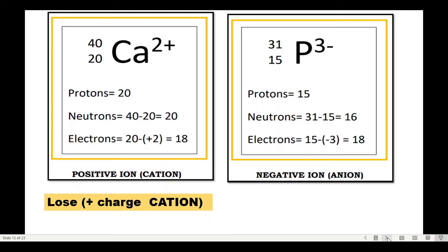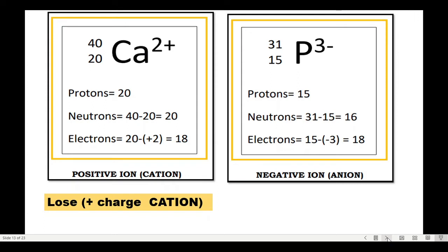Bakit mo minus? Kasi sabi ko nga, yung positive 2 loses an electron. Cation loses an electron. So, ima-minus mo siya. 20 minus 2, 18. Kaya ang electron niya ay 18. So, yung positive 2, which means it's a cation, positive ang charge niya, pero ang totoo niyan, naglulose siya. Siya yung nagbibigay, siya yung nababawasan. Okay? So, tandaan nyo lang, lose.